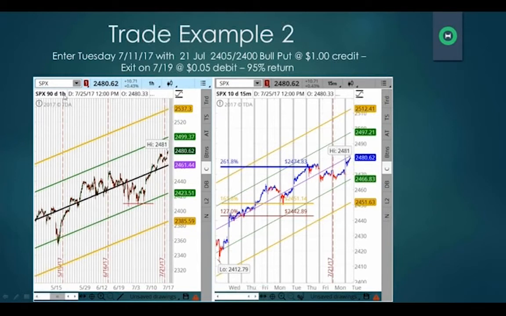This is the 90-day 1 hour chart. This is the 10-day 15-minute chart. This is my grounding chart, if you will. And you can see that the market had basically a triple bottom that wasn't confirmed till it came up here. But there was a lot of support down here.